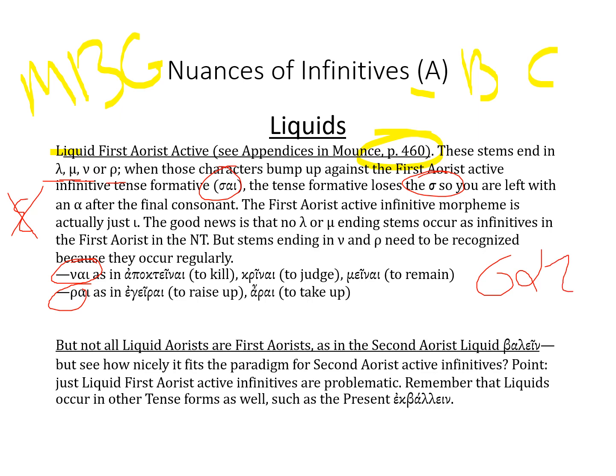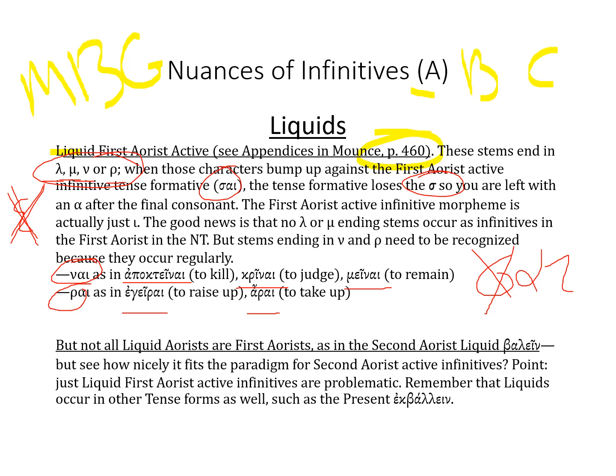But what we have is just the actual liquid stem that sigma drops out, and you can see here, agerai, arai, apoktenai, krinai, manai. Because the sigma just drops out, there is, again, no epsilon.